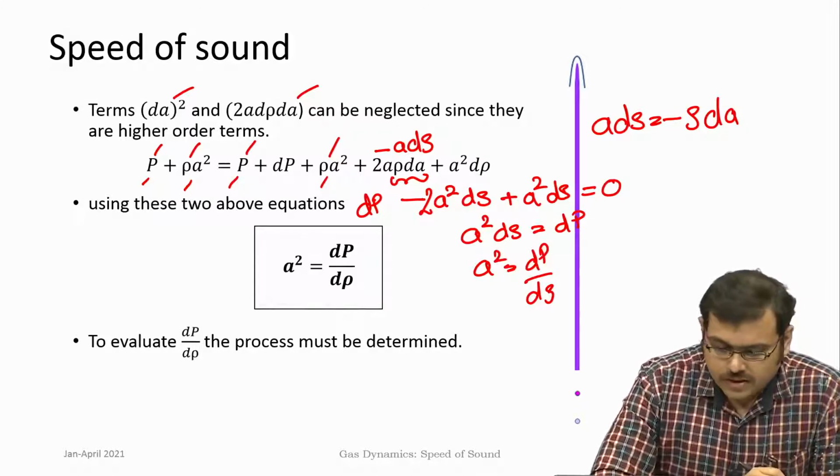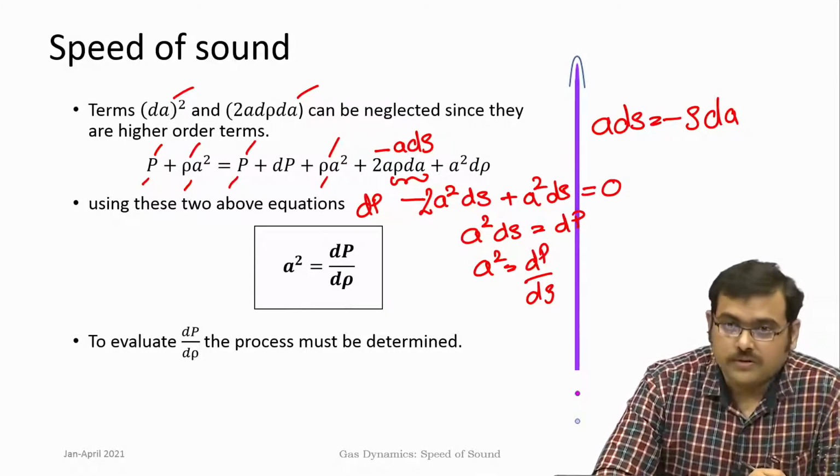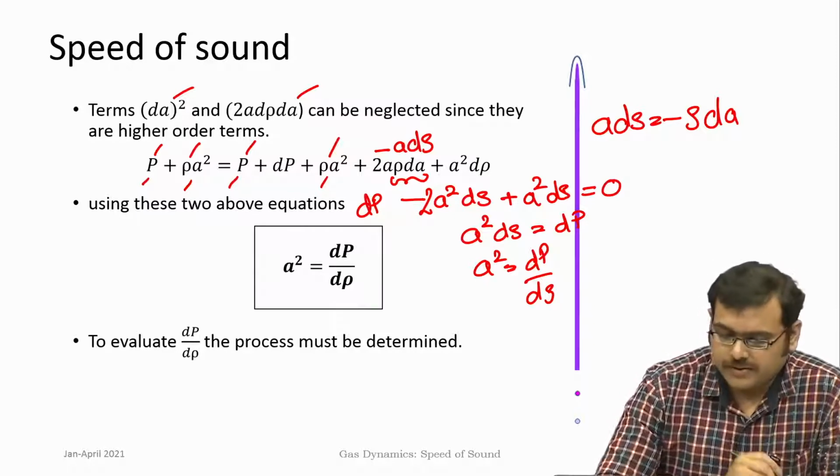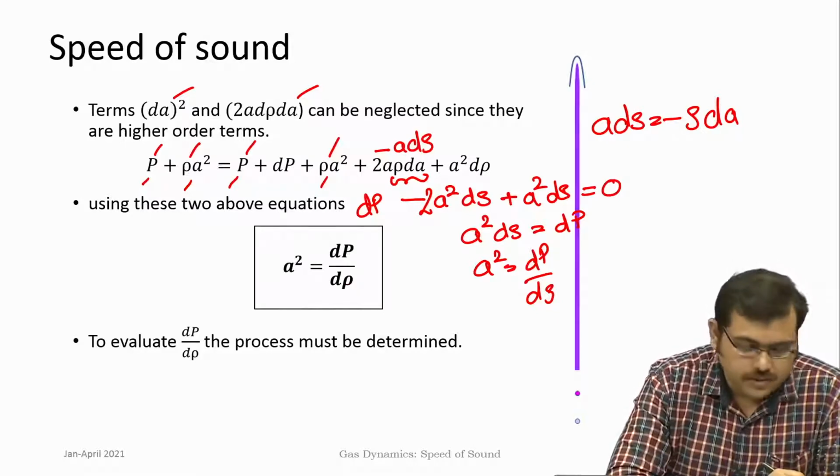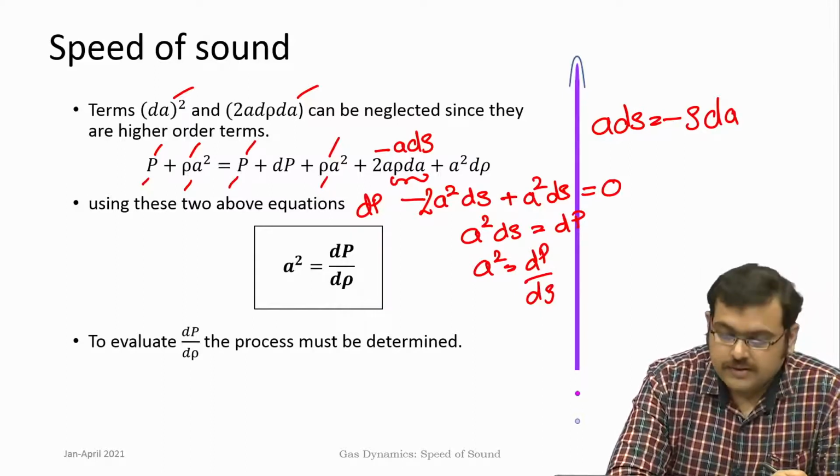Now in order to evaluate the speed of sound, you should evaluate this derivative dp by d rho, but we should determine the process by which the sound is actually traveling, or the thermodynamic process involved in the speed of sound.